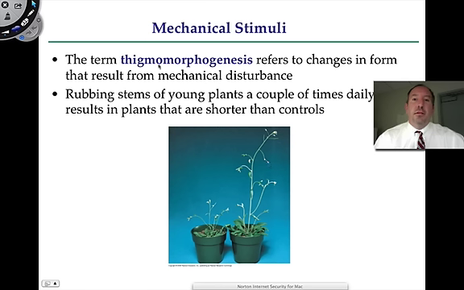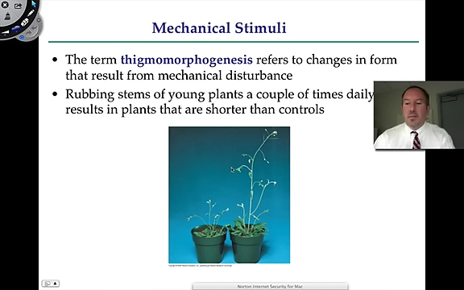It's called, this is a mouthful too, thigmo, which means sort of wrap around. A blood pressure cuff, when you have your blood pressure taken, is called a sphygmomanometer. So thigmomorphogenesis: in other words, wrapping around is affecting your morphology. It's going to generate a morphological change.